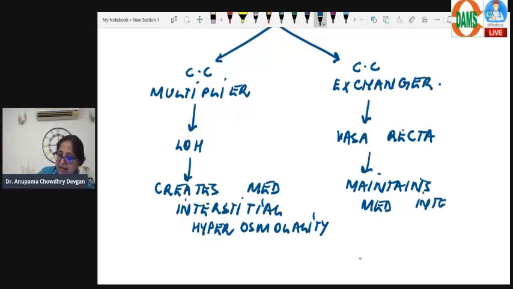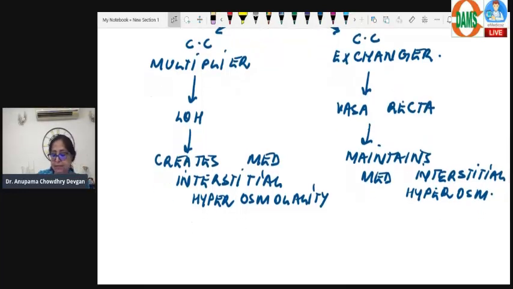One creates it and the other maintains it. Right? This is the countercurrent multiplier and the countercurrent exchanger.